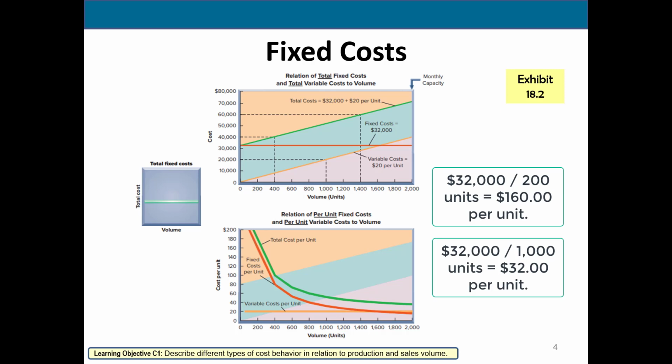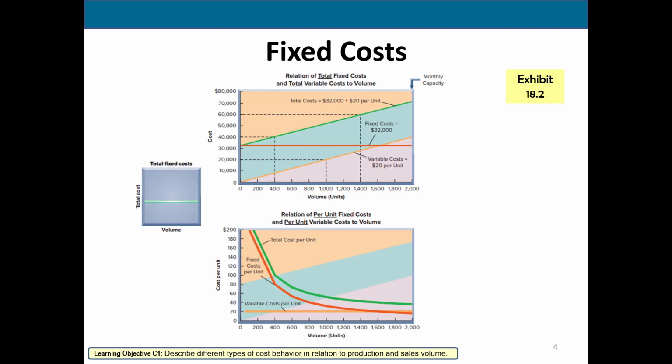The upper graph shows the relation between total fixed cost and volume and the relation between total variable cost and volume. We see that the total fixed cost of $32,000 remains the same at all production levels. We can also see that the total variable cost increases by $20 per unit for each additional unit produced.